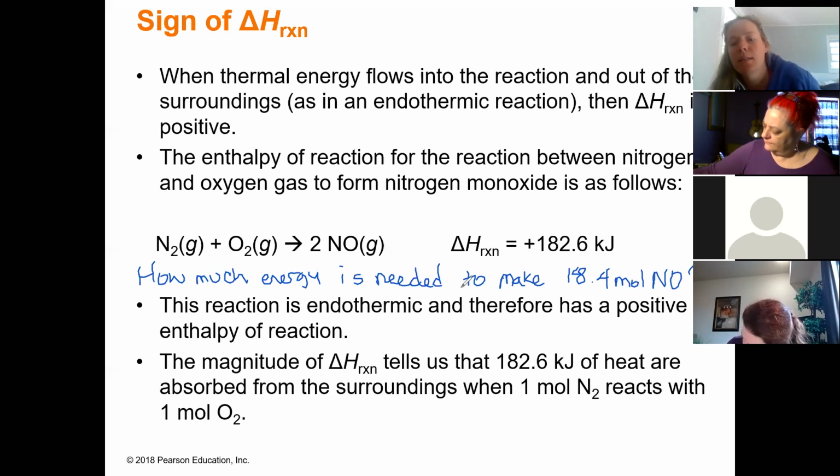How much energy is needed to make 18.4 moles of NO? And this is our equation, and here's our delta H.